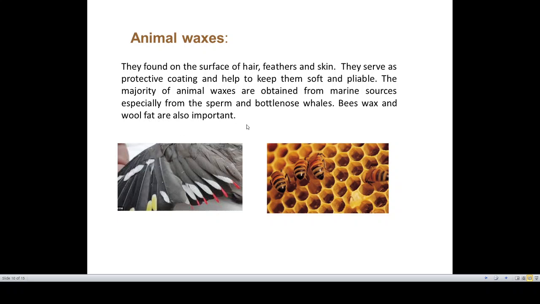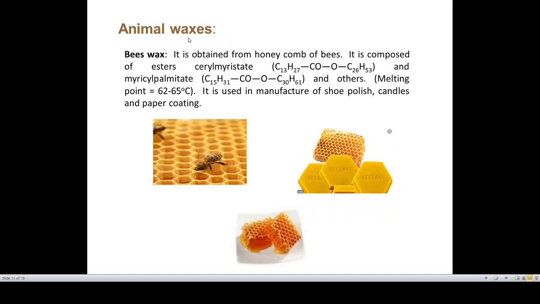So these are a few animal waxes, and in detail we are going to learn about them. The first one here we take is beeswax. Everybody is aware of the bees, and we know they produce honey and beeswax. Once the honey is extracted, some hard material is left out, which is nothing but the beeswax, and hence the source of beeswax is the honeycomb of the bees.